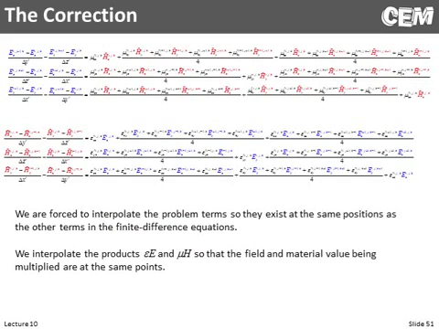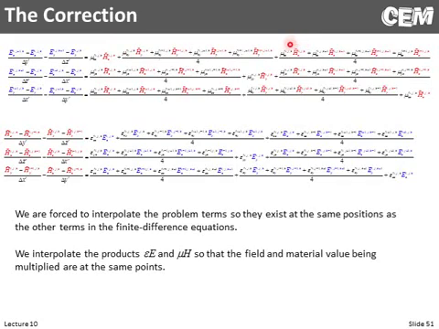So here are the corrected version of Maxwell's equations. These first three terms remain unchanged from what we derived today. The second two are the off-diagonal terms, and it turns out we have to average h sub y from 4 different positions, and we're going to average the product of mu xy times hy at 4 different points in order to interpolate it at the same point as h sub x.